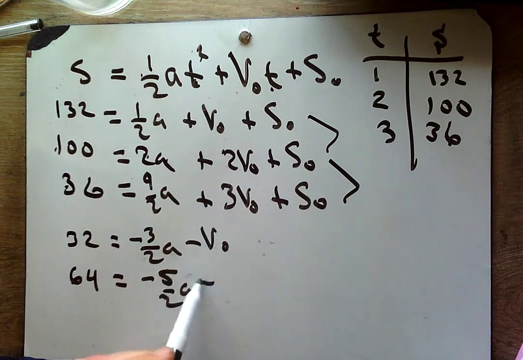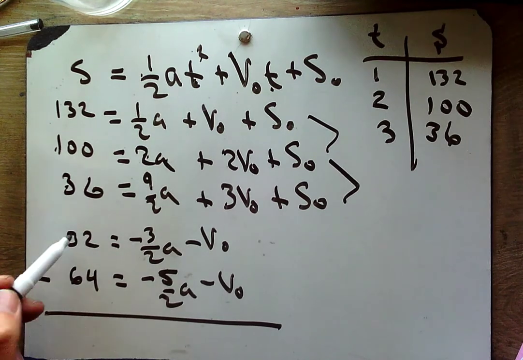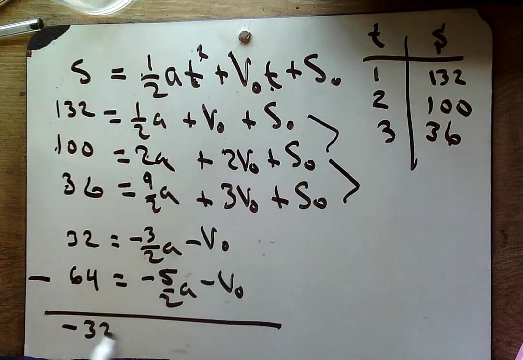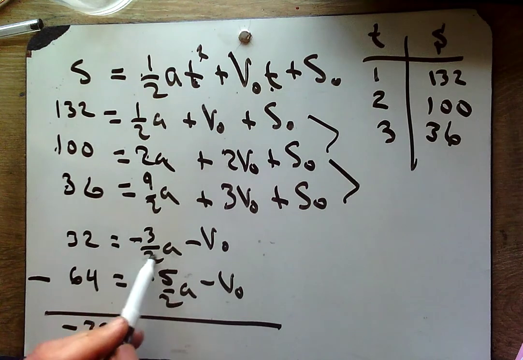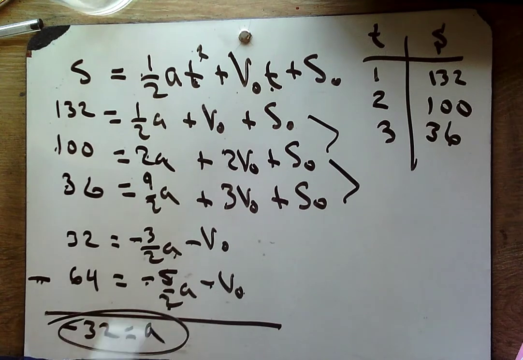And this minus this is negative v sub o. Well, that's really nice, because now I see these are the same. I want to subtract. 32 minus 64 is negative 32. Minus 3/2 minus a minus 5/2 is going to be positive 2/2 a, or a. And then minus v sub o plus v sub o, those cancel. Yay, I got the a I was expecting.